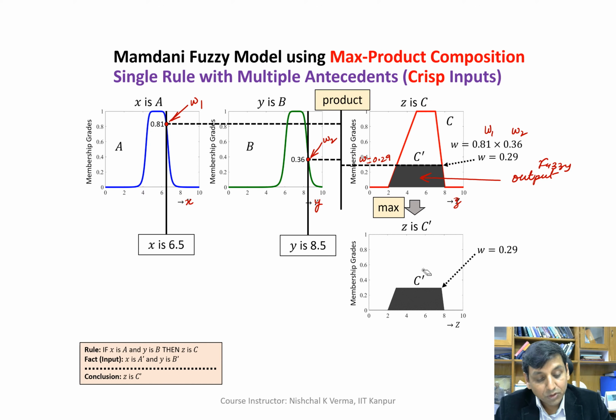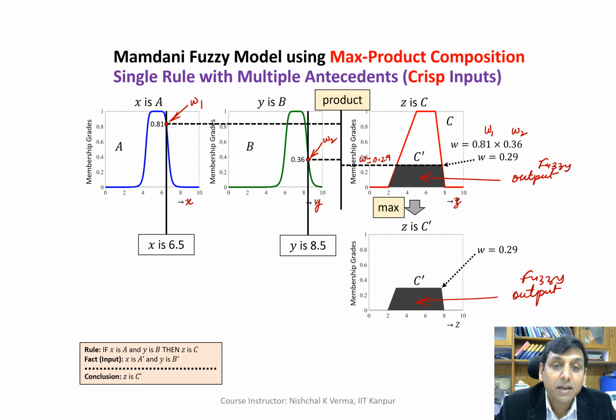So we don't have to do anything further, and the same output becomes the final output. That is the fuzzy output, in the form of the truncated fuzzy set. Now we can use a suitable defuzzifier to convert this fuzzy output into the crisp value.